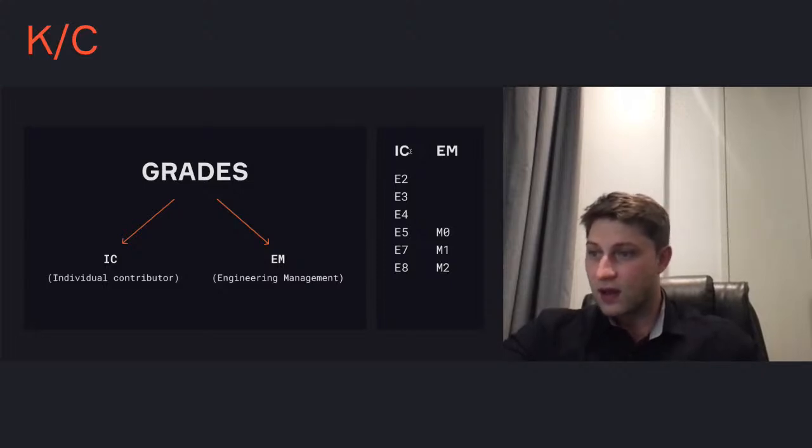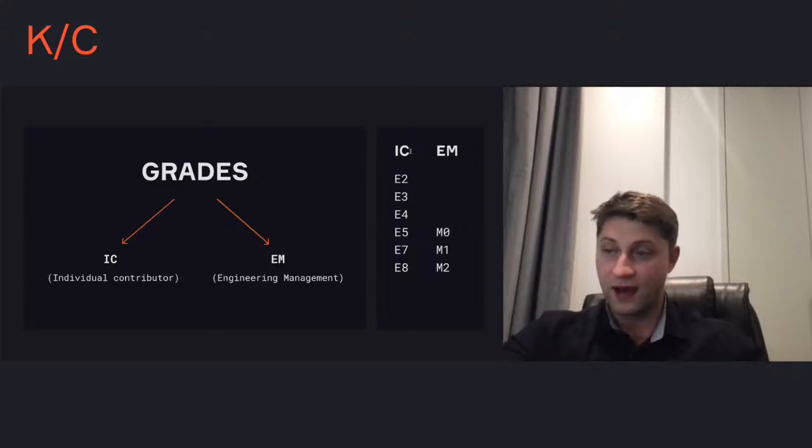So if we take the formal description of an IC8: you may have impact beyond the company, into an industry or specific technology area. You're very passionate about an area and champion it. You may have deep, expert-level, industry-leading experience in one or more domains. You are exceptionally well regarded by your peers internally and externally.